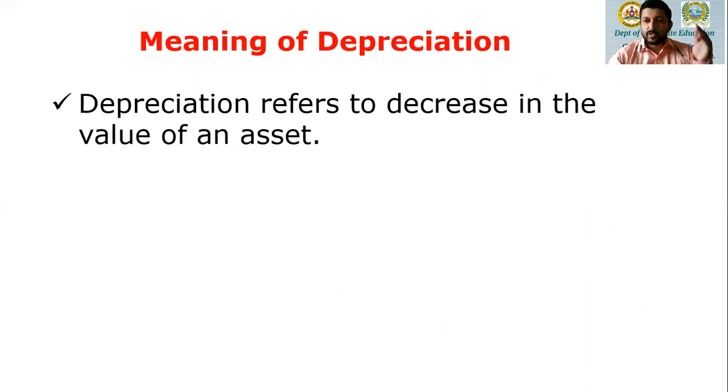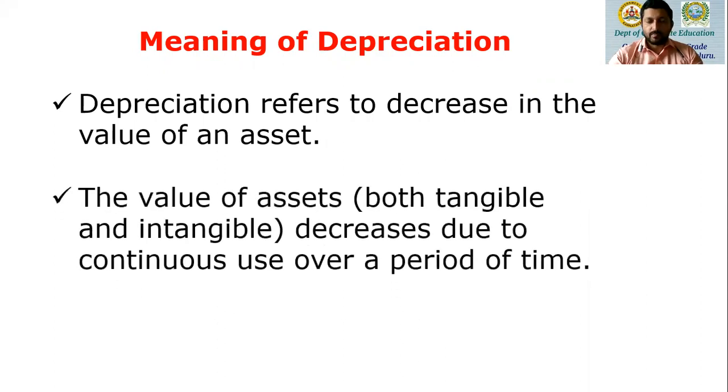How much the value of the asset comes down, that amount is called depreciation. The value of assets, both tangible and intangible. So we also cover intangible assets like copyrights, trademarks, patent rights, franchises, designs, logos, all these are intangibles. They also decrease due to continuous use over a period of time.